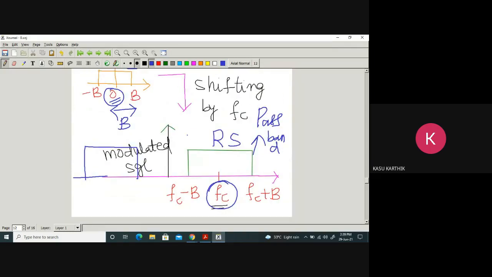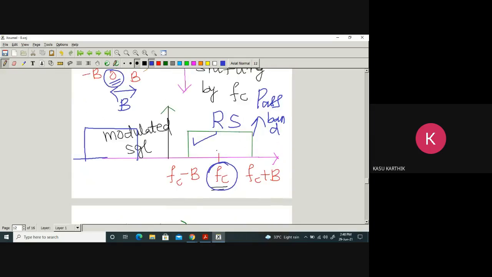Already a modulated signal. So mixing means translating or changing the center frequency of a modulated signal. That is called mixing. Because after modulation, it is a passband signal having center frequency of Fc. Now we are changing the center frequency of this modulated signal. That is called mixing or heterodyning.